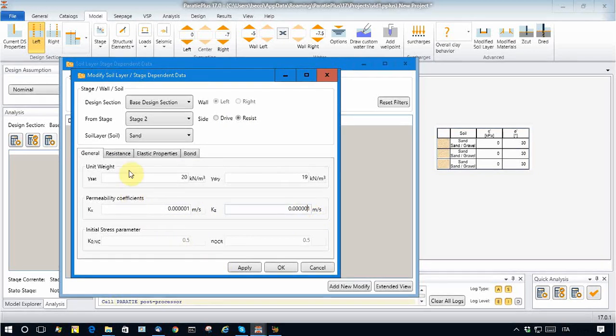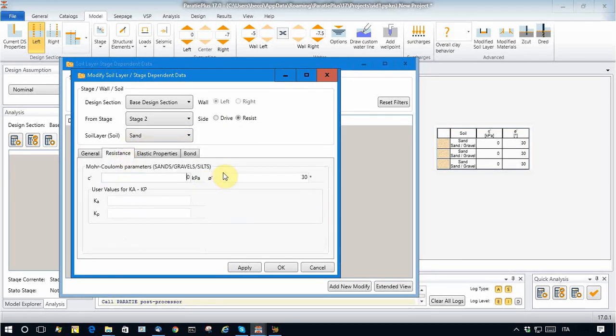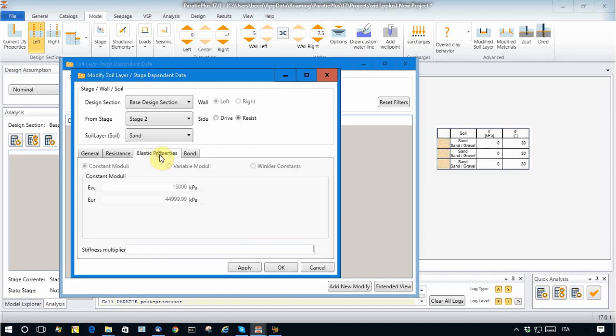And also we provide some cohesion due to the cementation provided by grouting the soil, let's say 200 kilopascal. And as for elastic property, we may apply a stiffness multiplier, that is, let's say 200 times the original soil elastic properties. Okay.